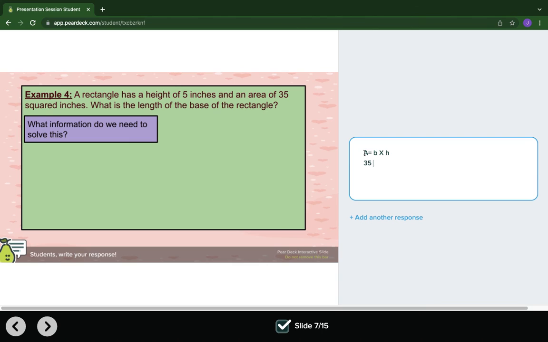This represents your A, and it's going to equal, do I know my base? I do not, so I'm going to keep it as B, and then multiply it by my H, which is my height, 5 inches. Now that I have this formula to work with, I'm going to leave you to solve it out, and I'm going to have you finish the last 2 examples on your own.